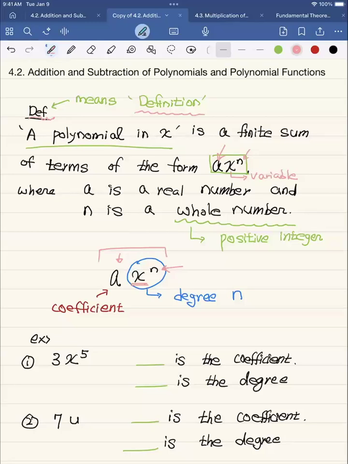In the example, we have 3 times x to the 5th power. In this case, 3, the fixed number, is a coefficient, and 5 is the degree.